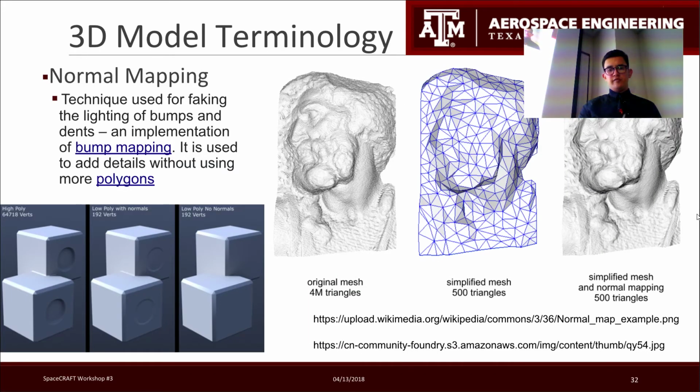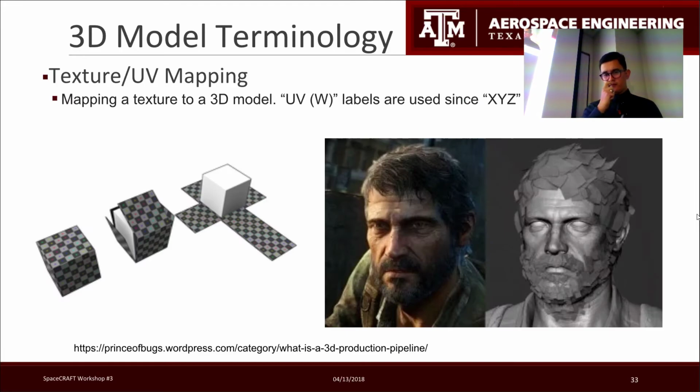And let me go to the UV mapping part. Okay. So on the left we have some cubes, and that checkerboard pattern is an example of a texture. In 3D rendering, your computer has to know how a 2D texture is mapped to a 3D object. So if you see this right here, you see this T shape of where the texture is flat.